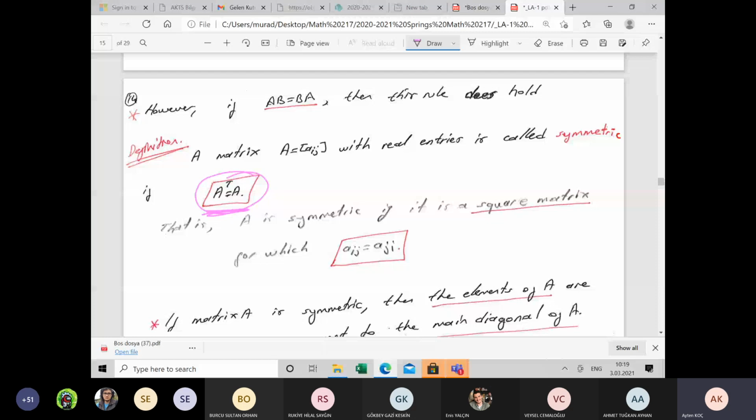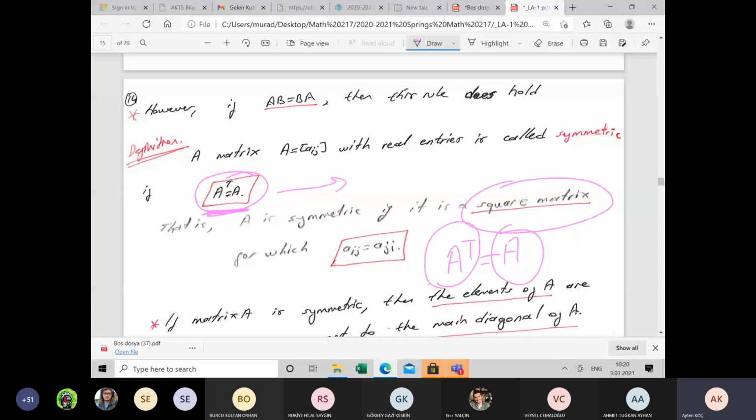What can you say about A? It should be a square matrix. Otherwise, if we take the transpose and interchange row and column, it cannot be the same matrix, because the dimensions should be the same. So A should be a square matrix. Otherwise, this equation is not true.